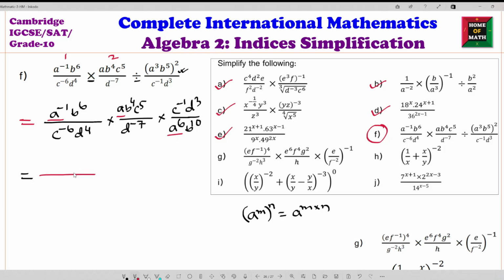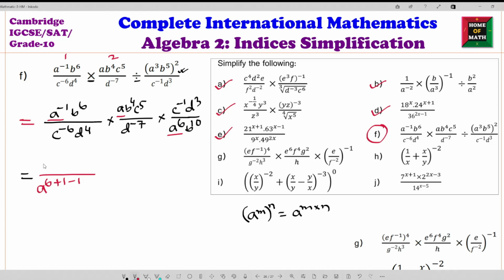So first, we will not keep a in the denominator. We can write it like this: a to the power 6, and this minus 1 becomes plus 1, and only a, its power is 1, it will become minus 1. Okay, the a part is done.